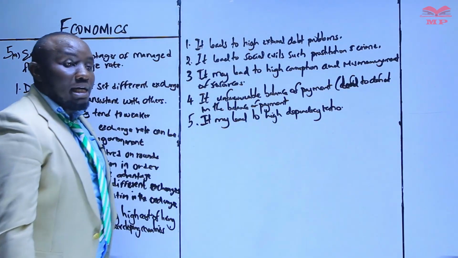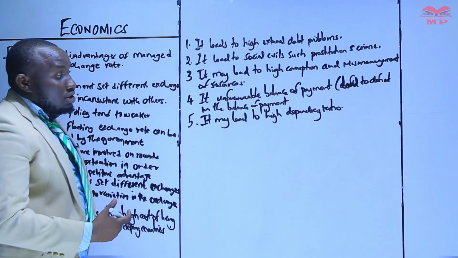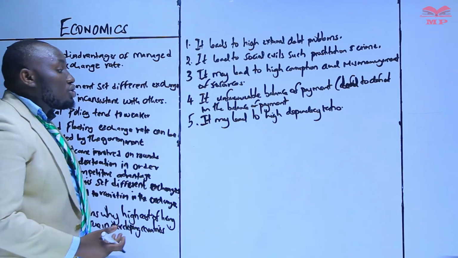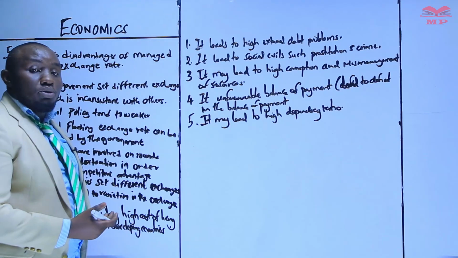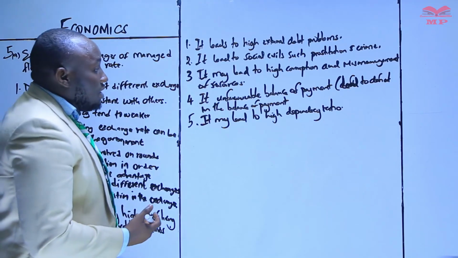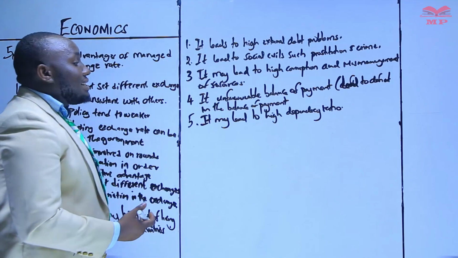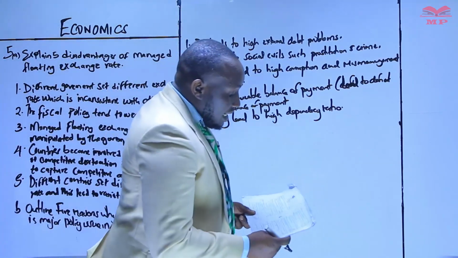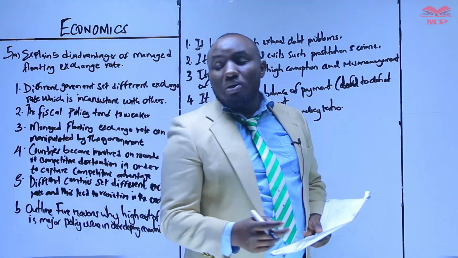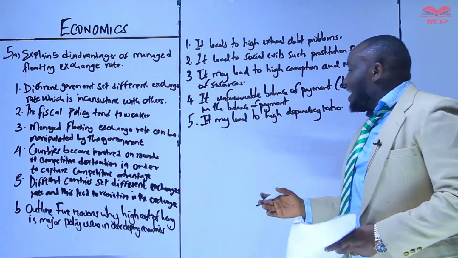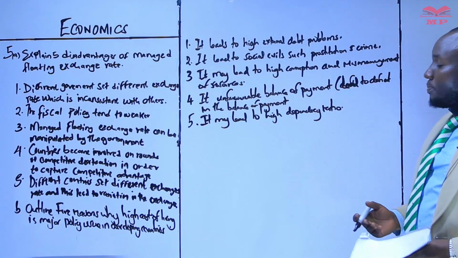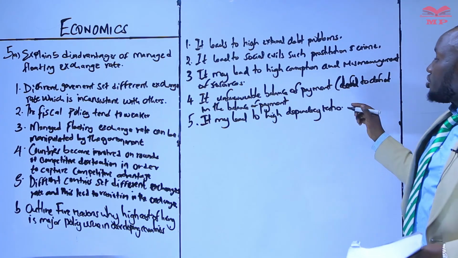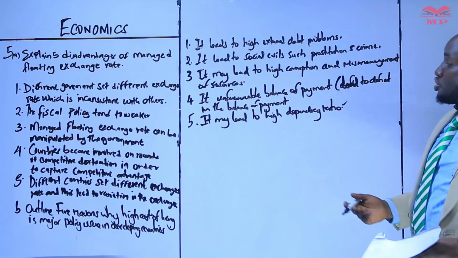For example, those that are very rich will be there upfront to support those who do not have. So that's another reason why high cost of living is a major policy issue, because it will lead to a high dependency ratio, where people have to depend on others or on the government. The government has to borrow a lot in order for the population to survive.